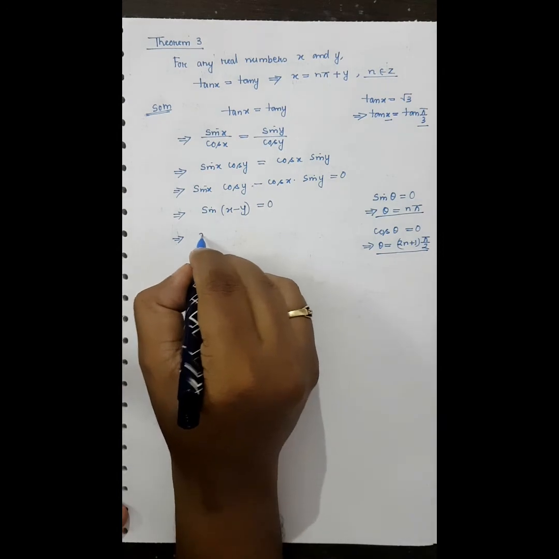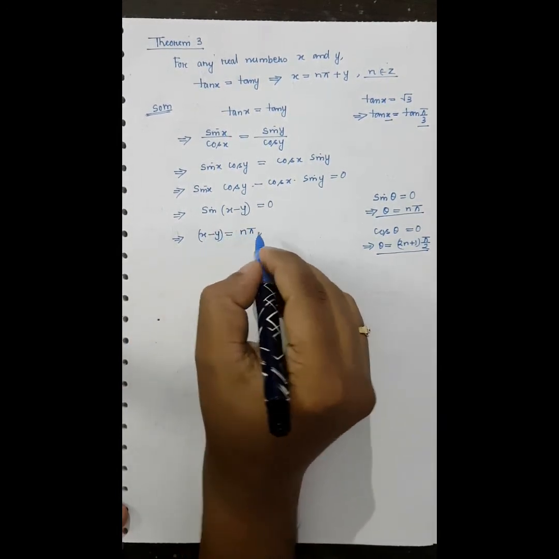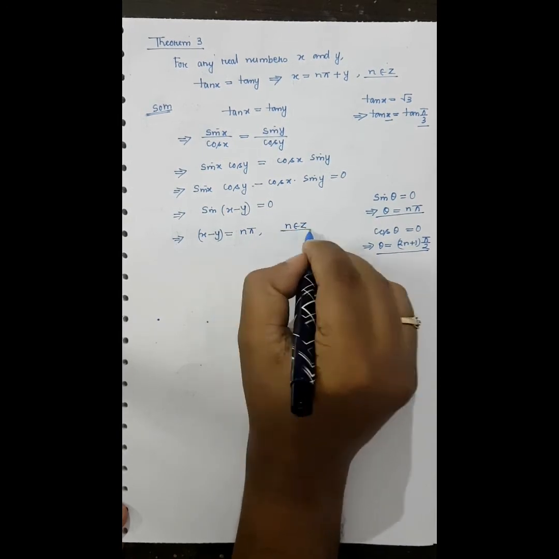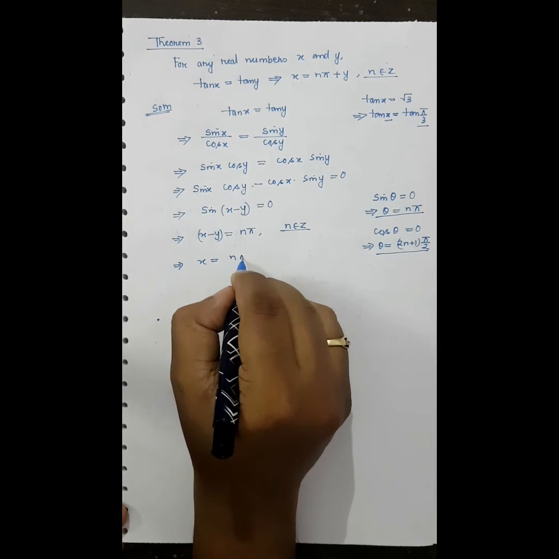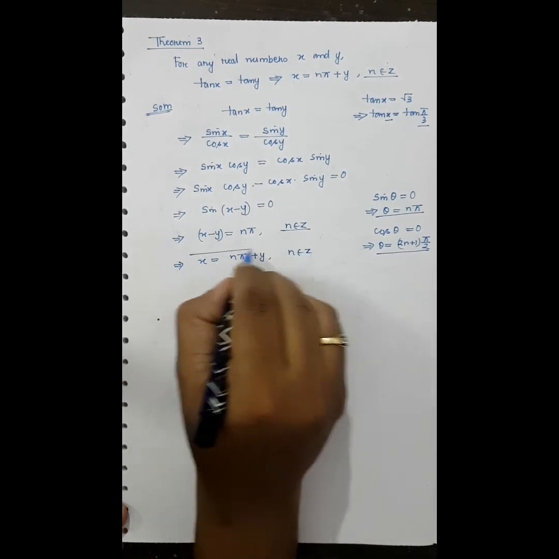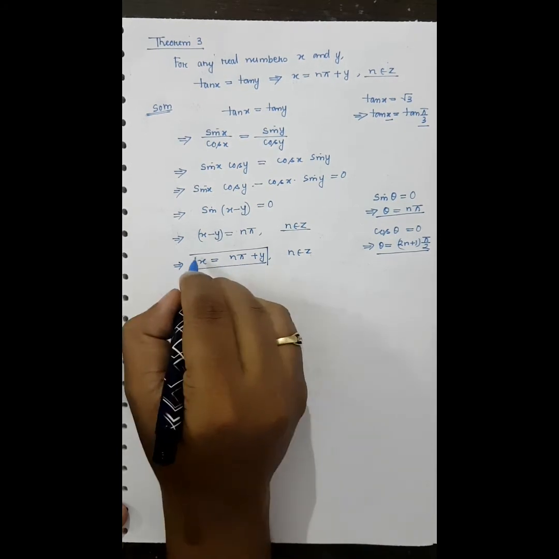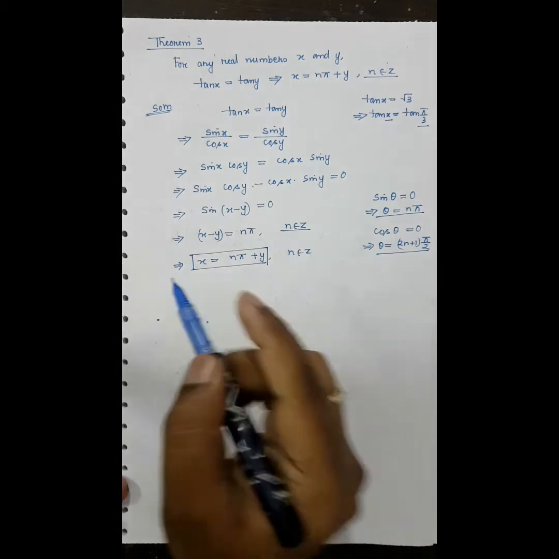Now your x minus y will be equal to n pi, where n belongs to Z. Therefore your x can be expressed as n pi plus y, where n belongs to Z. So this is your principal general solution for tan x is equal to tan y.